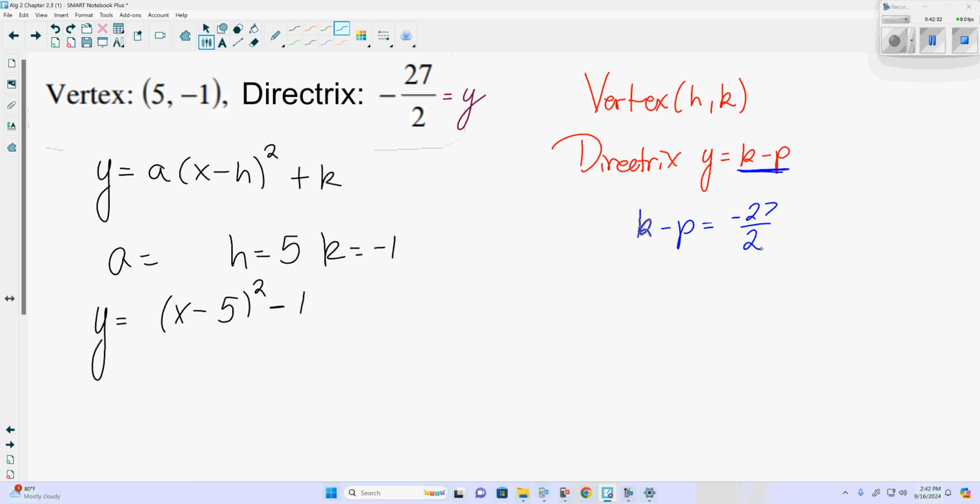We know what K is. K is negative 1. So negative 1 minus P is equal to negative 27 over 2. The first thing I can do is add 1.